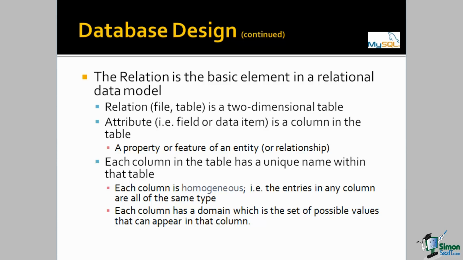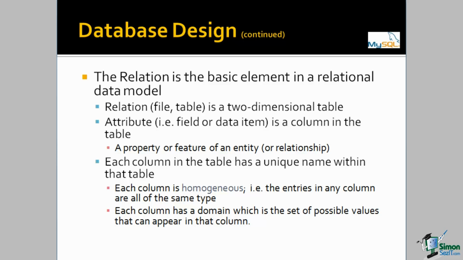A relation is basic to ER diagramming, entity relation diagramming. The relation defines the connection between any two data elements. When we build our ER diagram, we're going to have relations and entities. The entities are going to have relations with one another, and the entities will have attributes which translate to the columns in the table. Each column, each attribute, must be uniquely named within the table.